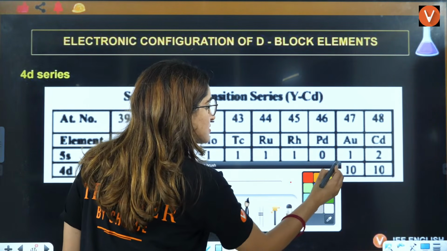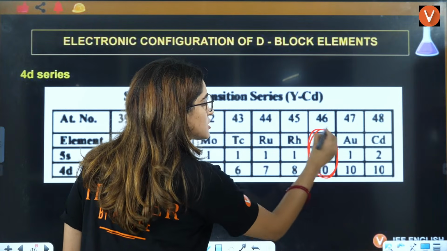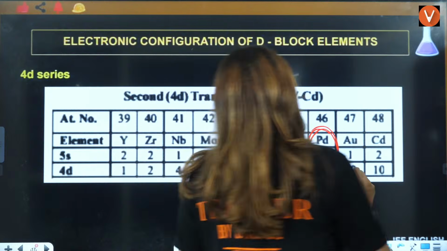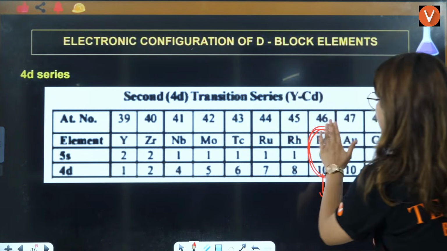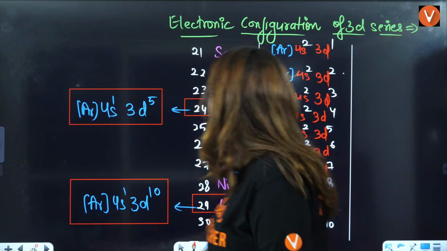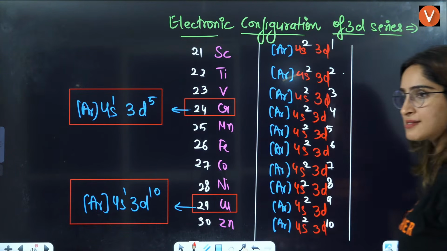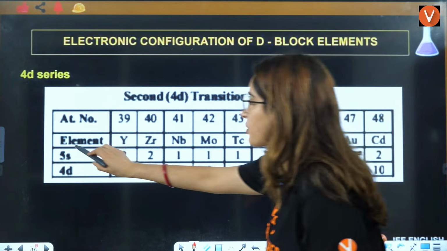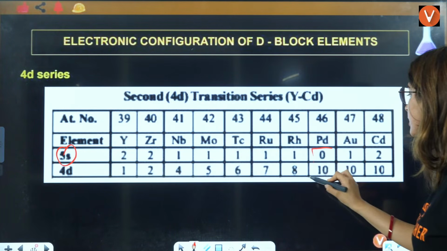So the first one is very, very important. That is platinum, that is 5s. Why? Because can you see over here, it's the only element that has s0. Can you see anyone else with s0 here? No, ma'am. This is 5s, okay? Only here it is 0, right?